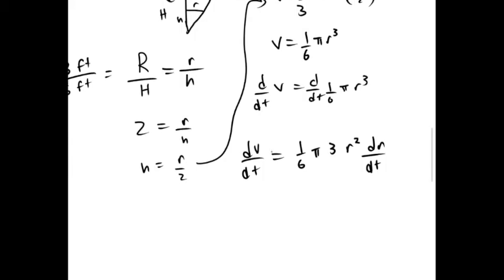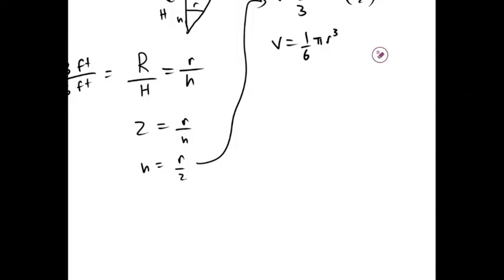And we want to solve for, actually, in this case, what I should have done was get everything in terms of dh/dt. That would have made things easier. So everything should have been in terms of height. Go back, it's okay.